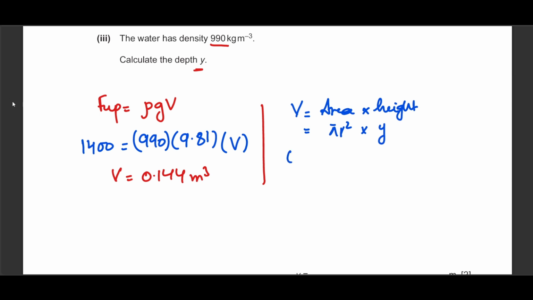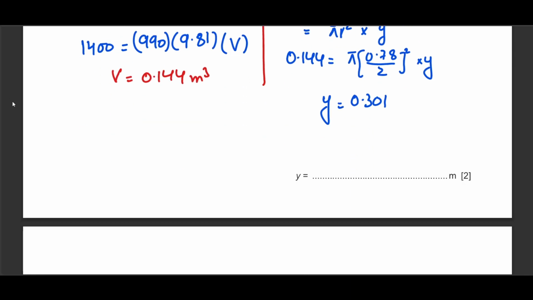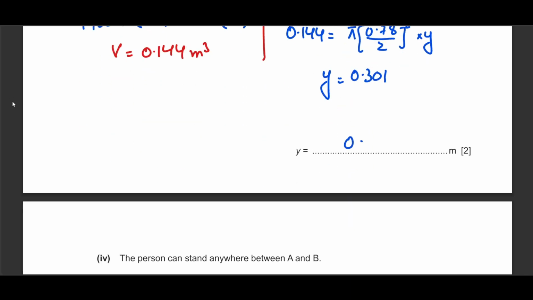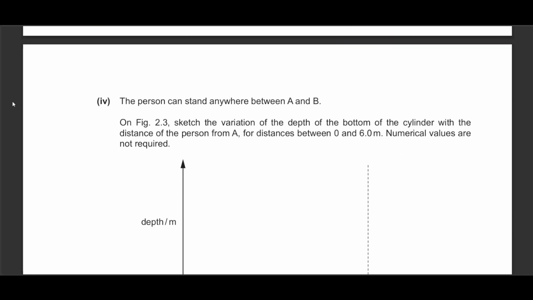So this becomes 0.144 equals pi into diameter, which is 0.78, but I know I have to divide it by 2, whole square because it's pi r square, multiplied by y. Now when you calculate y after the whole procedure, this is going to come out as 0.301 meters. So we have to write down this value as 0.30 up to two significant figures.